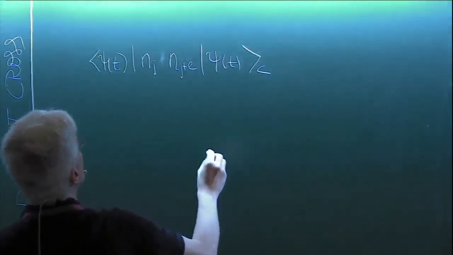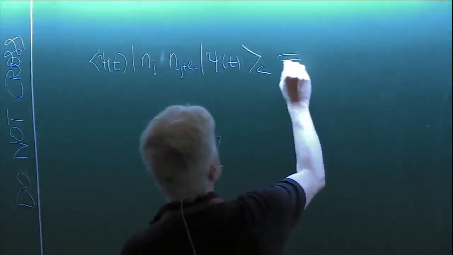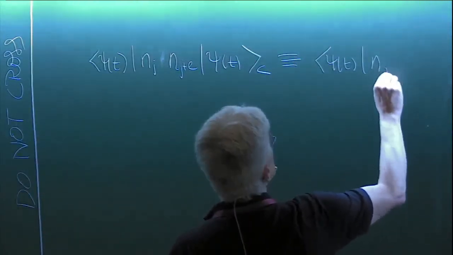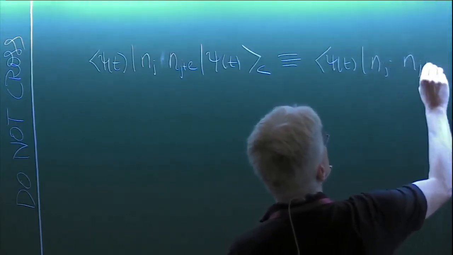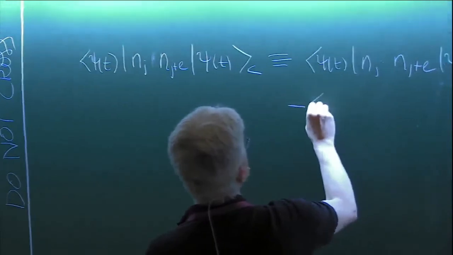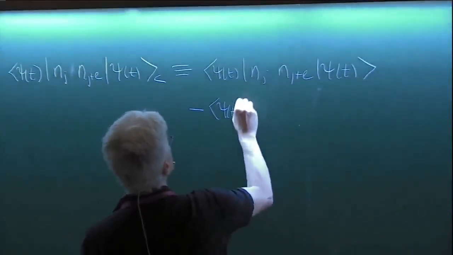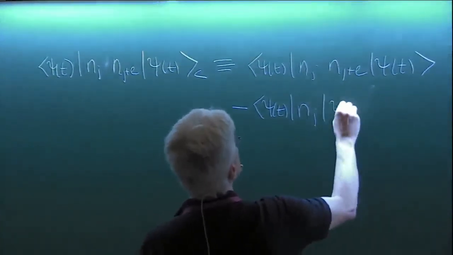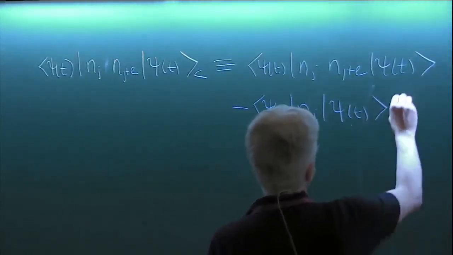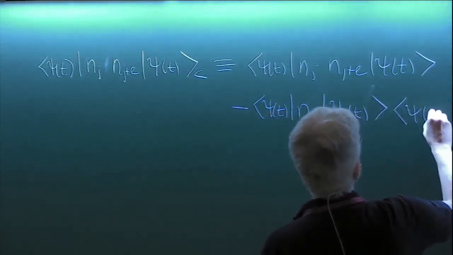So the connected correlator is simply defined as the correlation function minus the product of the one-point functions.